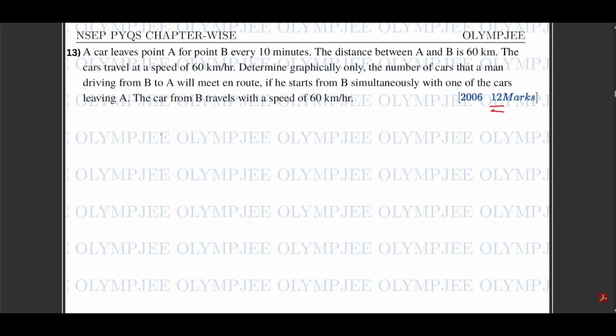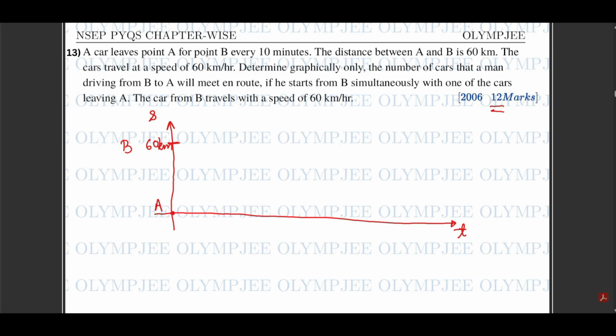Okay, so we can solve this question by drawing a graph. Let this be the time axis and let this be the distance displacement axis, and let A be at displacement 0 and B be at displacement of 60 kilometers.